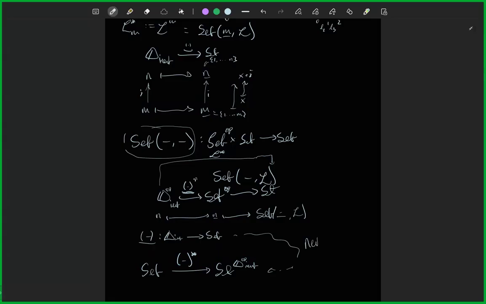This is called a nerve, the nerve of this. Why is it called a nerve? It's because this was originally done in algebraic topology, and it's a generalization of Alexandrov's nerve of a simplicial complex. You see, we're actually doing a simplicial kind of thing here, but every time you do this, it has been generalized to death, and now it's just called the nerve.